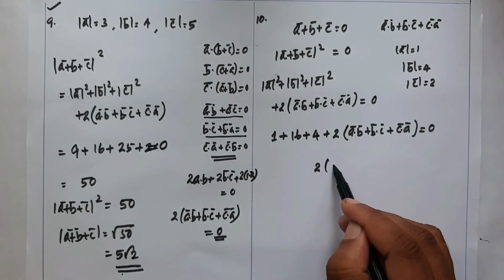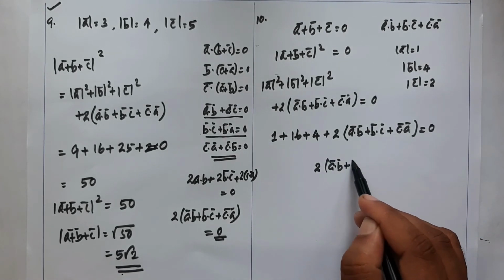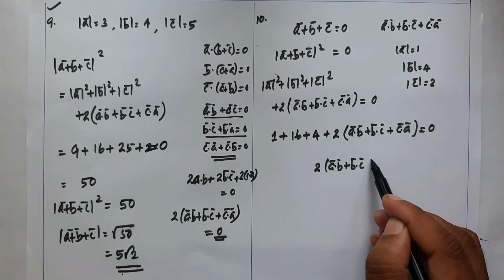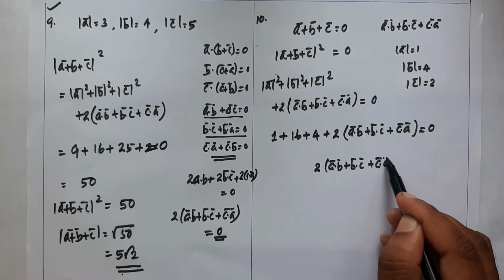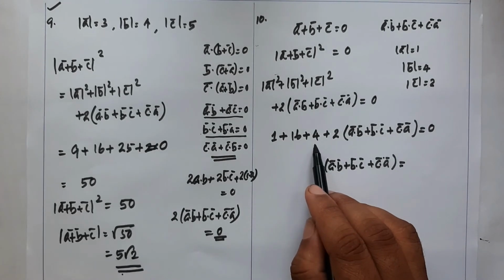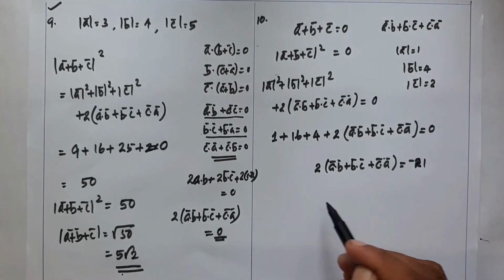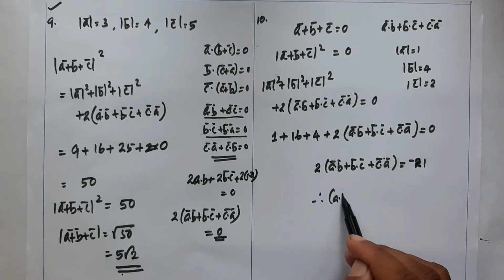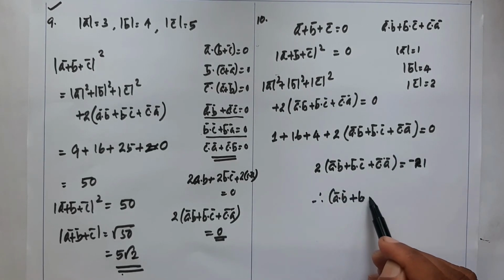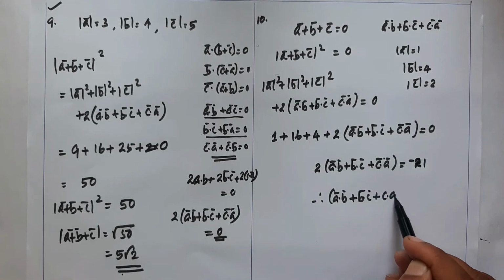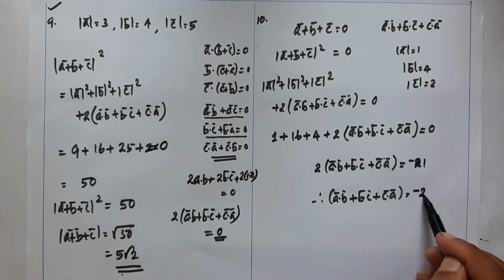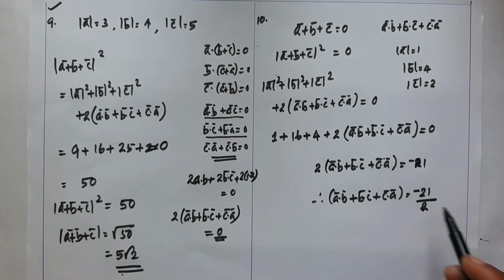Therefore 2 into a dot b plus b dot c plus c dot a is equal to minus 21, and finally a dot b plus b dot c plus c dot a is equal to minus 21 divided by 2.